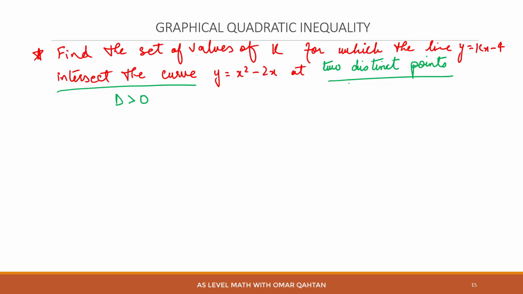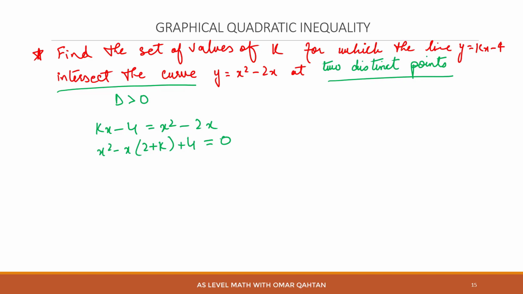So now what we need to do is substitute the value of y from the line equation into the curve. So this will become kx minus 4 equals x squared minus 2x. Upon simplification, this equation will become x squared minus (2 plus k)x plus 4 equals 0. Now it's given in the question that the line is intersecting the curve.